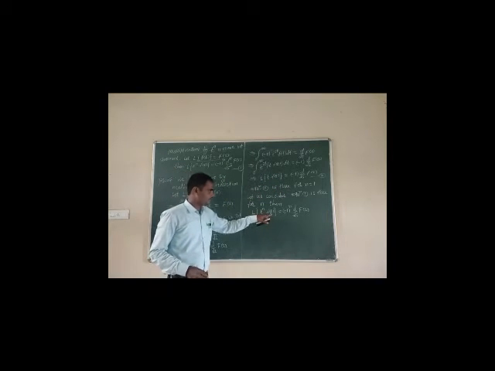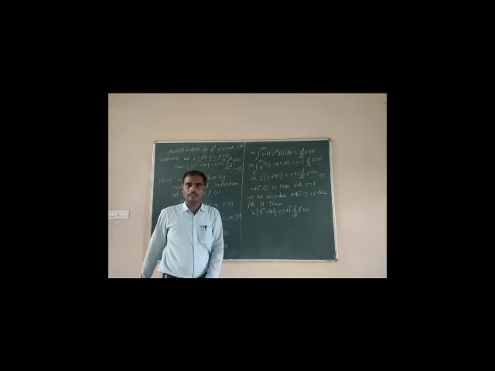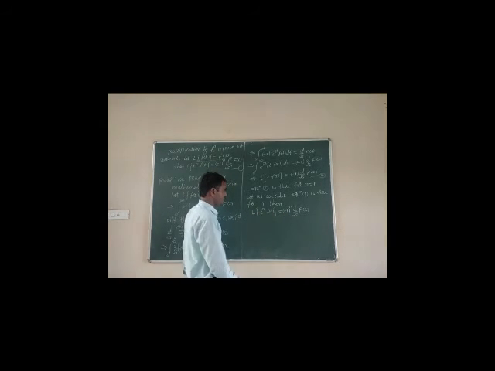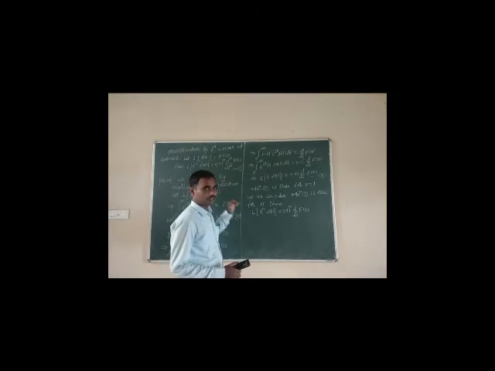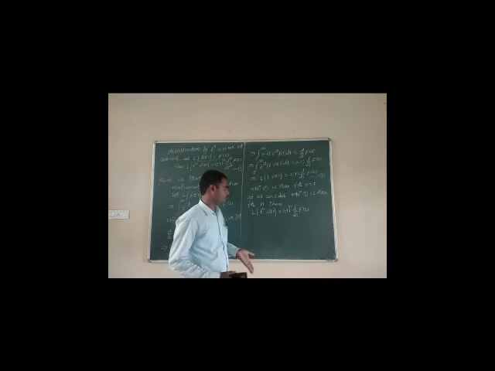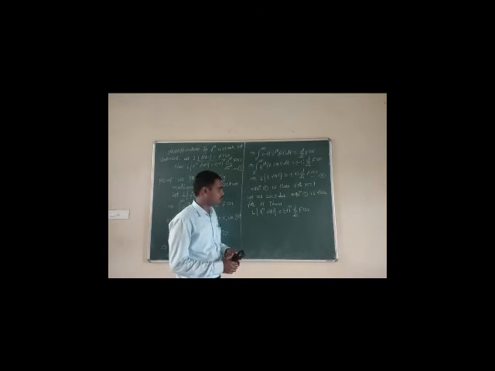So we have to consider here that equation 1 is true for n equals to n. We have to prove here that equation 1 is true for n equals to n plus 1, meaning this is valid for n plus 1.